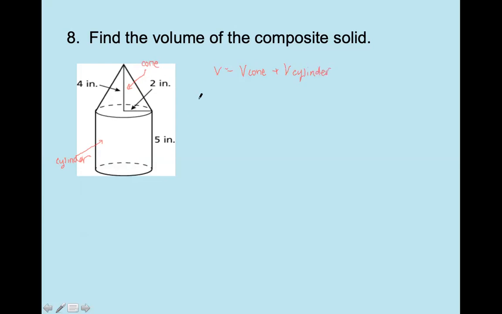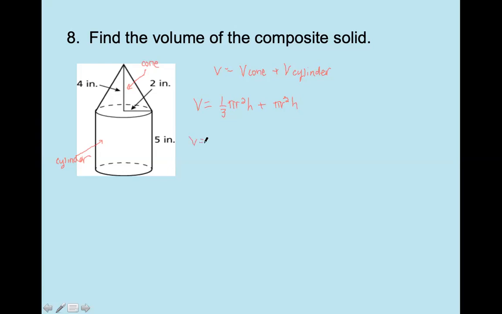So the total volume, the volume of the cone is going to be 1/3 times the area of the base, which is a circle, pi r squared, times its height, plus the volume of the cylinder. Its base is a circle, so pi r squared, times its height.